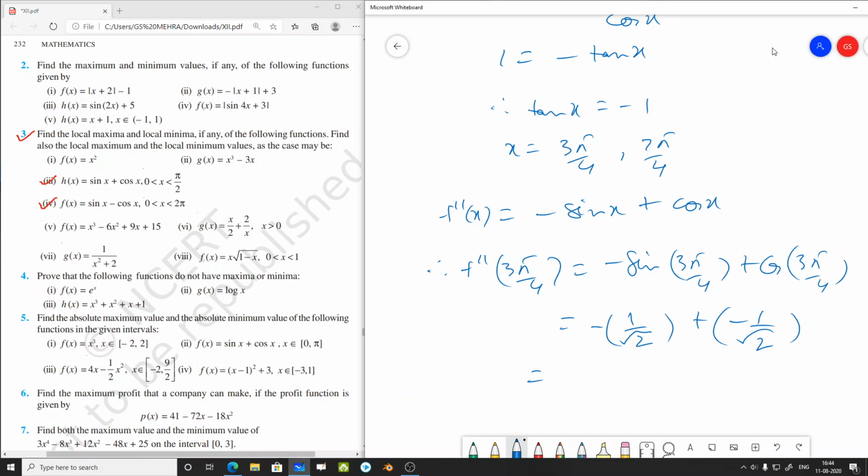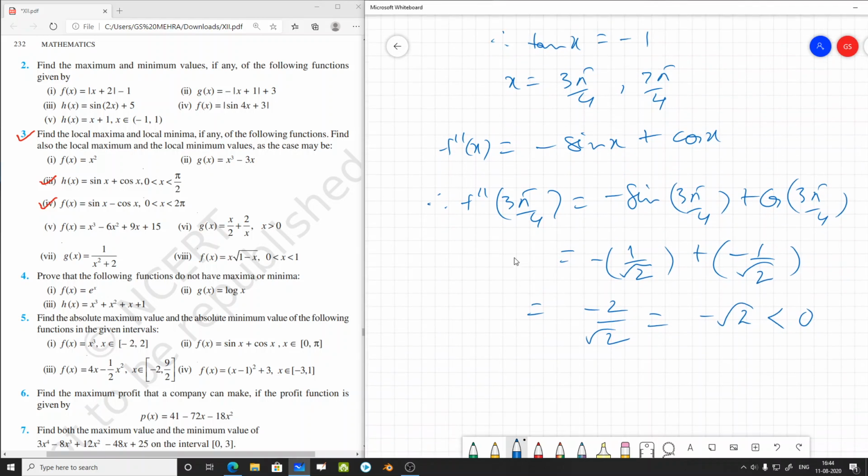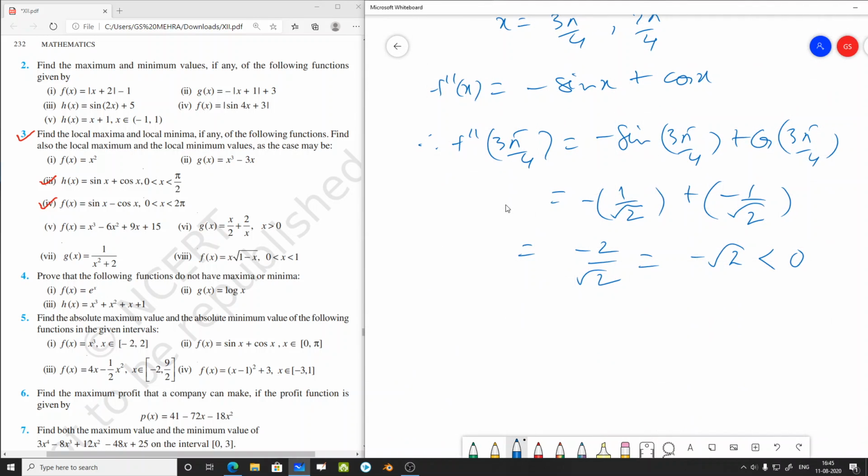Adding both of them, we get −2/√2, which is −√2, and that is less than 0. Therefore x = 3π/4 is a point of local maxima.